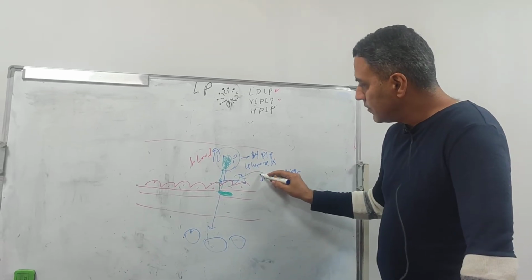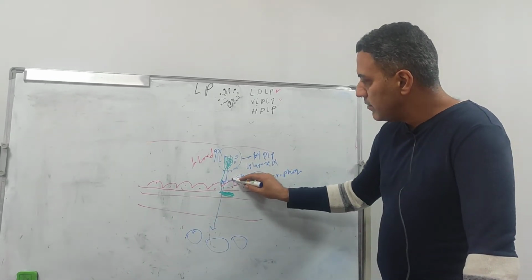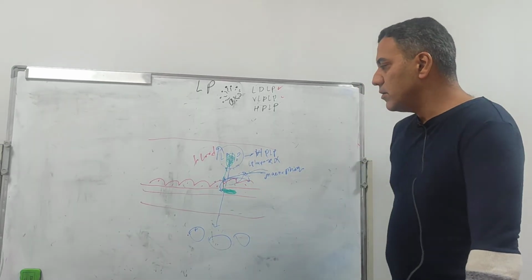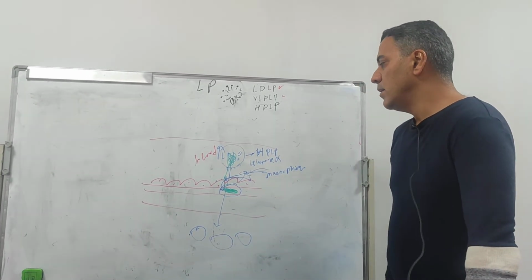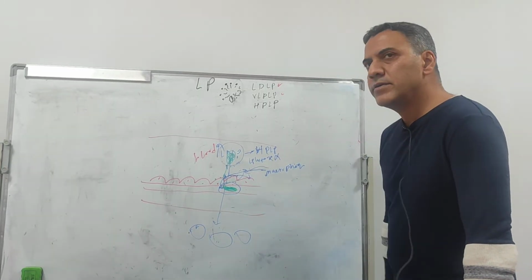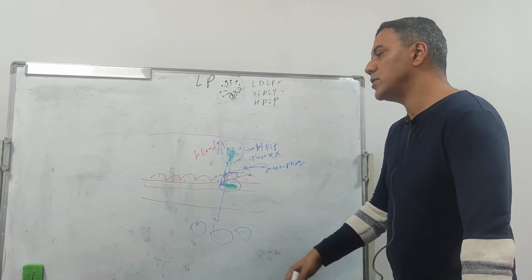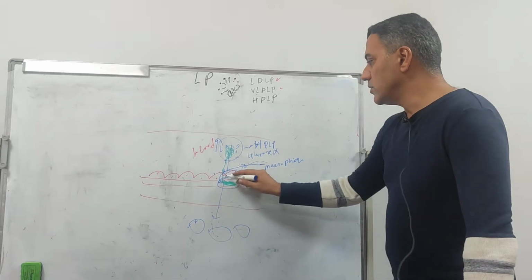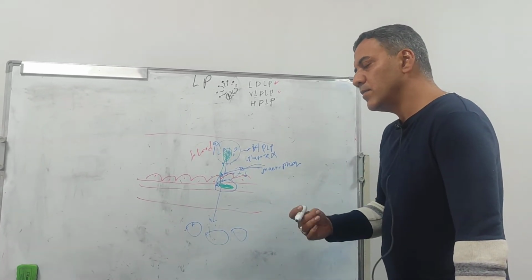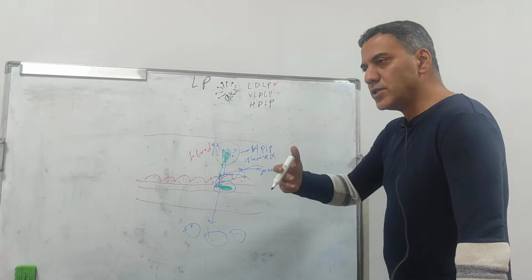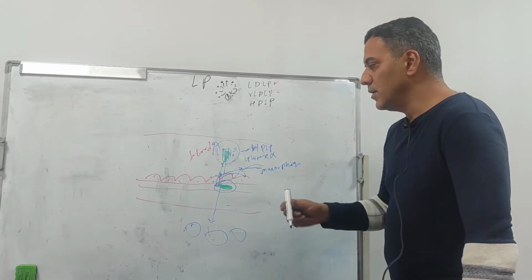Macrophages migrate here and come inside the endothelial layer. They try to engulf and digest the fat. But so sorry, they cannot digest fat. Why? Because they use the pro-oxidation mechanism.